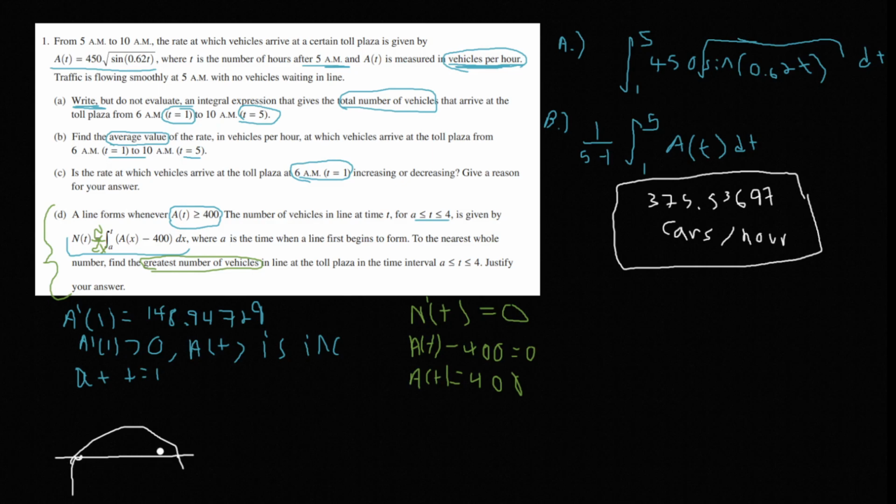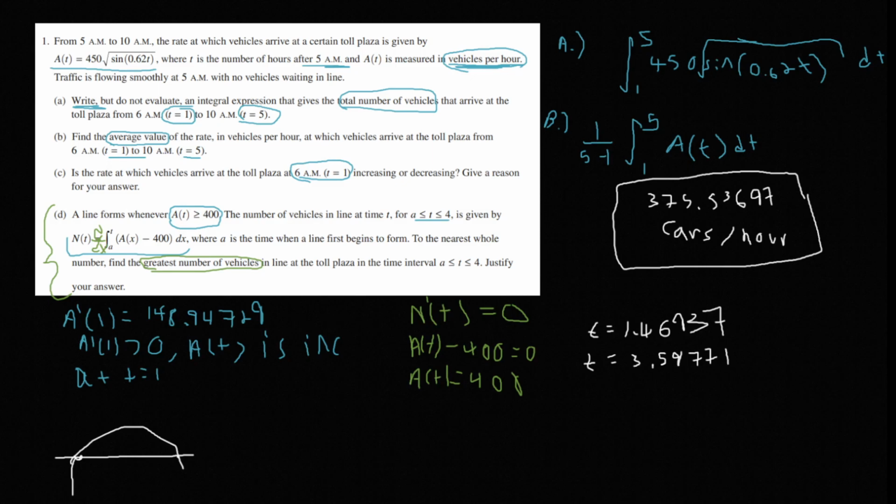And so at this first point, you need to see basically which one it is. So we have this first point, t is equal to 1.46937. Then the other one where it equals 400 is t is equal to 3.59771.